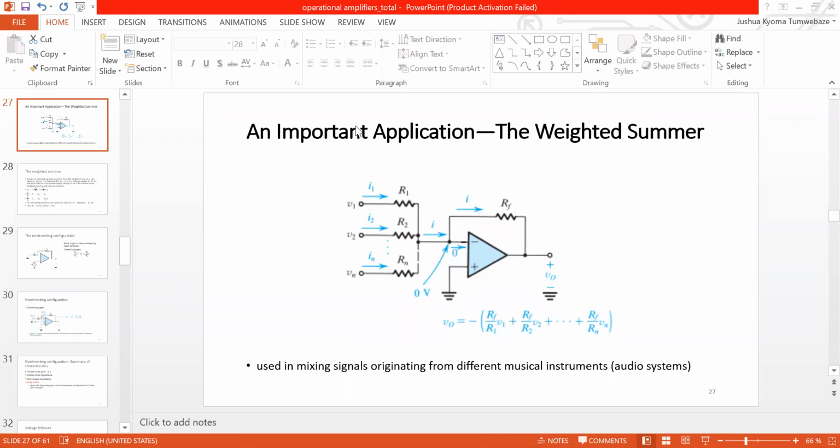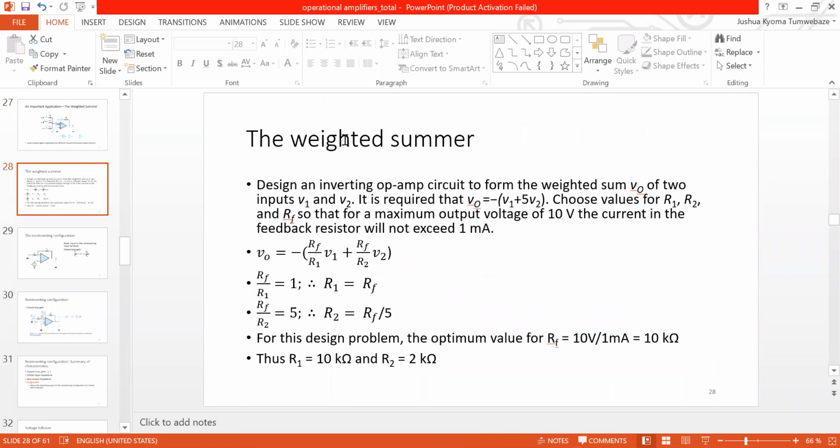So moving on, we have a simple problem for you to try out. It is also a design problem.